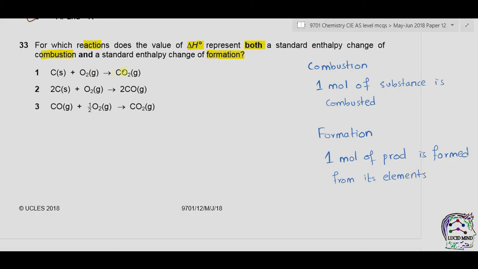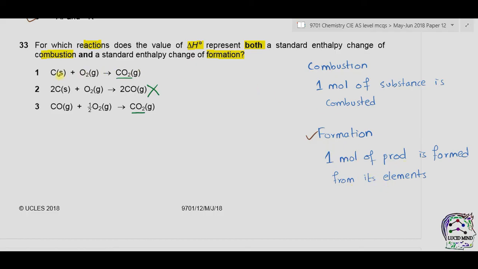Now in the given options, we can see that 1 mole of carbon dioxide is present in one, while 2 moles of carbon monoxide are given in another, so it is incorrect. There must be 1 mole of substance and 1 mole of product. In 3, we have 1 mole of carbon dioxide present, so it could be correct. Now the second thing is to look at the reactants. In 1, we have elements in their standard states. Carbon is in solid form, oxygen is in gaseous form, so it is an enthalpy change of formation.